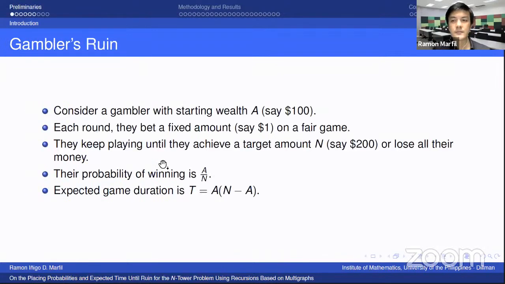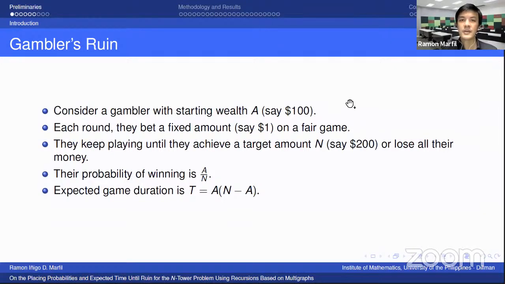So first, we look at the gambler's ruin problem. For the basic gambler's ruin problem, we have one player. Consider a gambler with starting wealth A, say $100, and each round, that player bets a fixed amount, say $1 on a fair game. So fair game, ibig sabihin, that player has an equal chance of winning or losing that game.